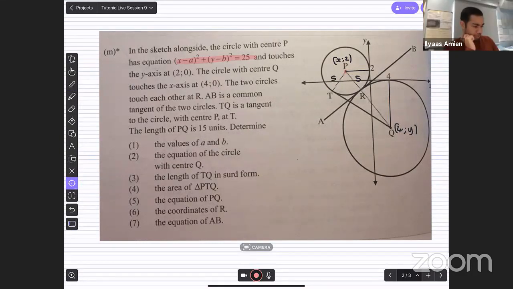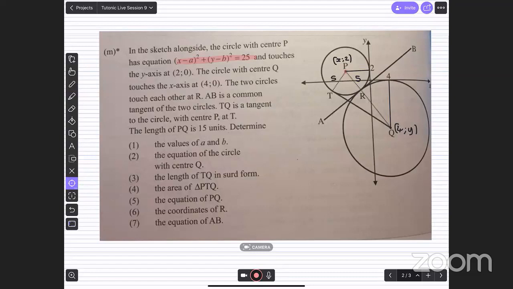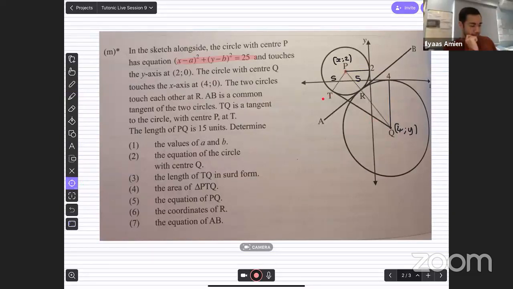So if you work out the gradient of PT, you work out the gradient of TQ. Or we can just say 90 degrees here.